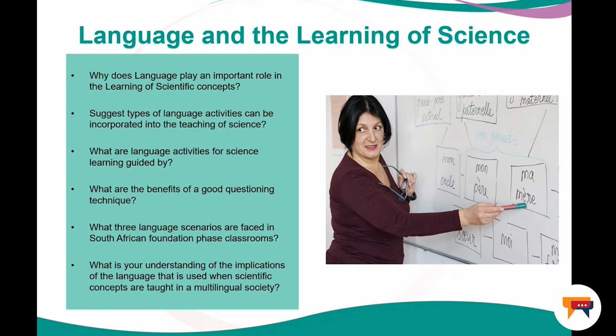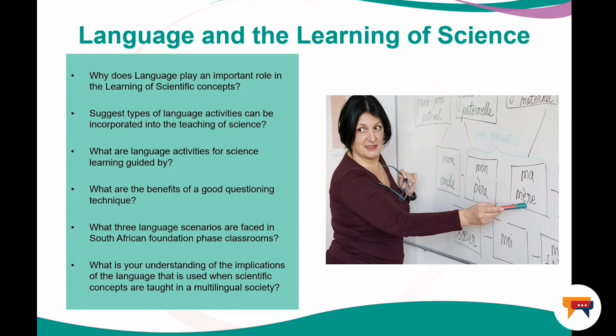So what is your understanding of the implications of language that is used within the scientific concepts that are taught in a multilingual society? Like I said, the first scenario is where learners are taught in their home language, which is English. The second scenario is where learners are taught scientific words in English, but English is not their first language.